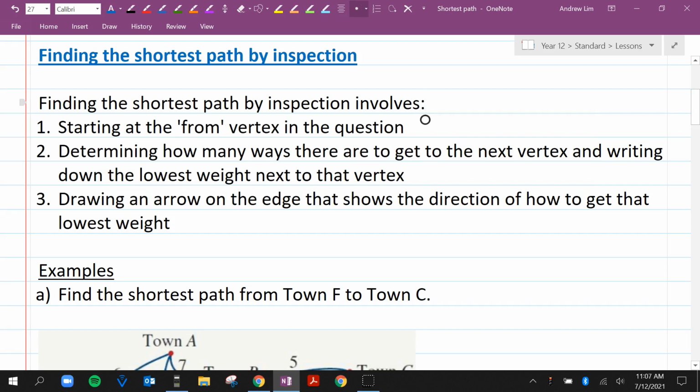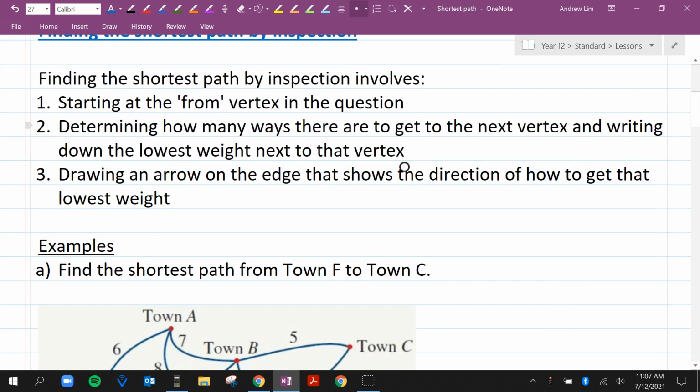But I'm going to see if I can teach you a foolproof way that will help you get the correct answer every time. I'm not going to go through Dijkstra's algorithm, mainly because I think it's quite unnecessary and it takes a lot of effort and time to get to the answer. And I think this method that I'm about to introduce to you is good enough and it will get you the correct answer.